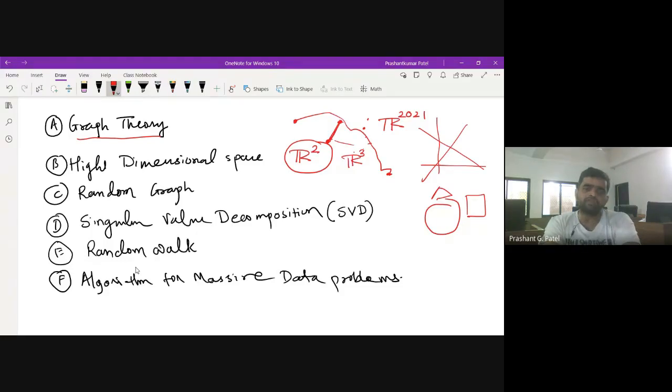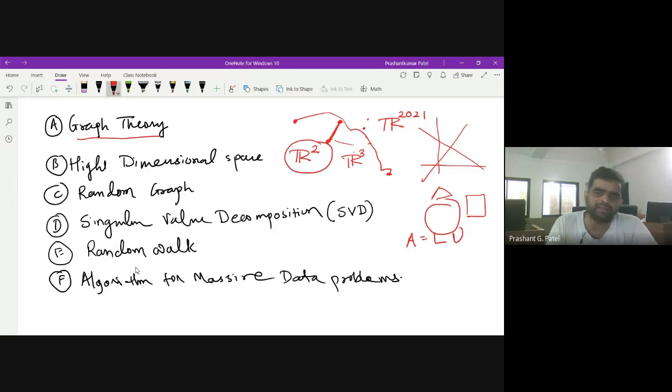The next one is singular value decomposition, known as SVD. In linear algebra, probably you have studied the decomposition of a matrix. If you are given a matrix A, then this matrix is decomposed into other matrices, for example, a lower triangular matrix and an upper triangular matrix.